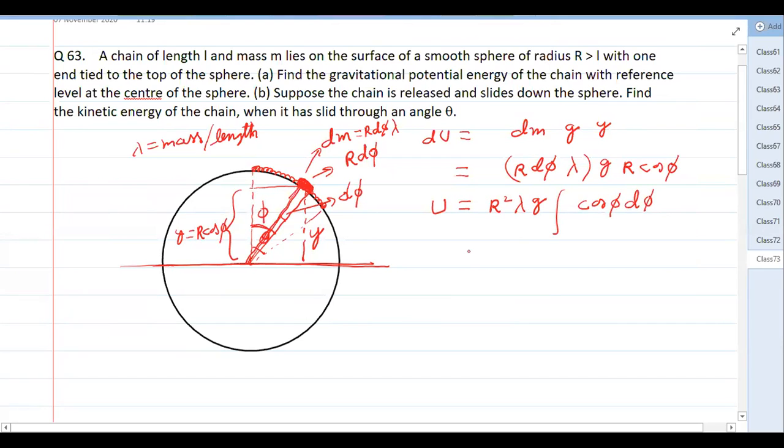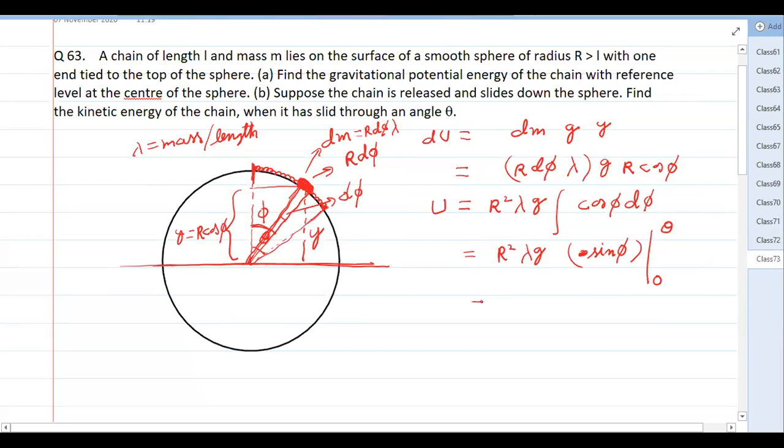If we integrate this, the integral of cos phi is sin phi. And the limits: phi should change from 0 to maximum theta. Theta is the maximum angle, the angle made by the other end of the chain, so the chain starts from this point and goes up to angle theta.